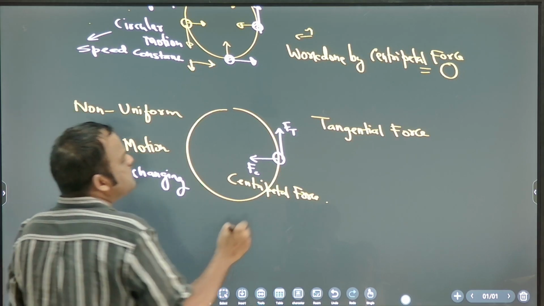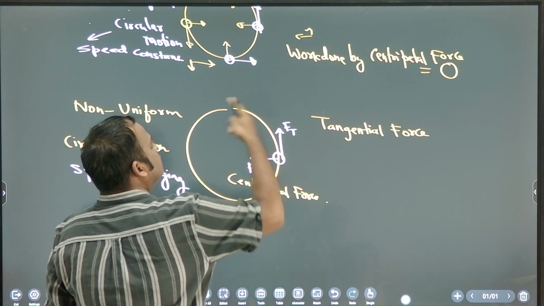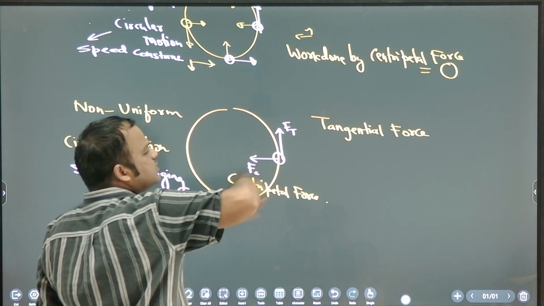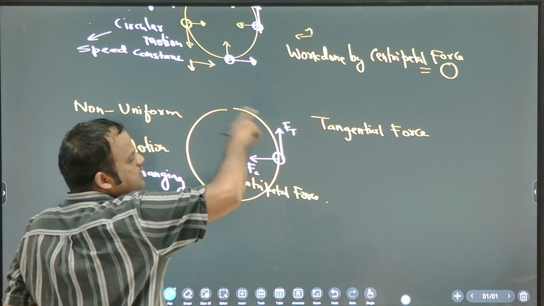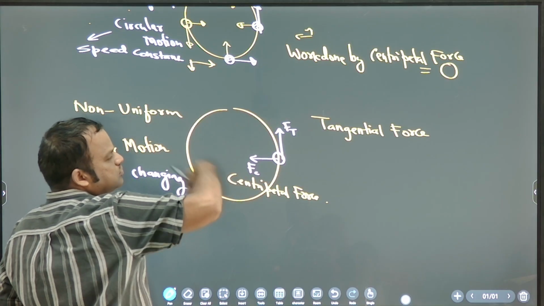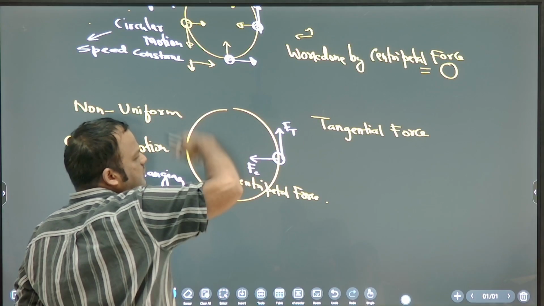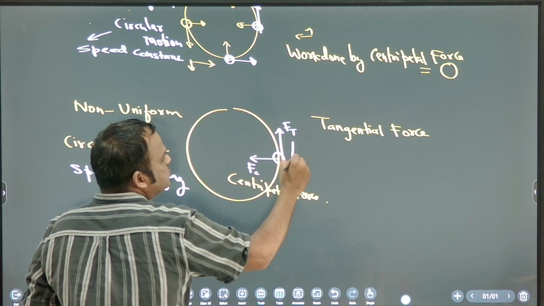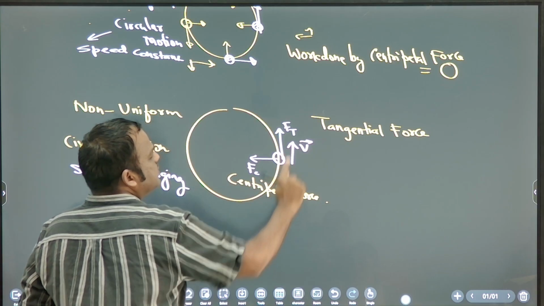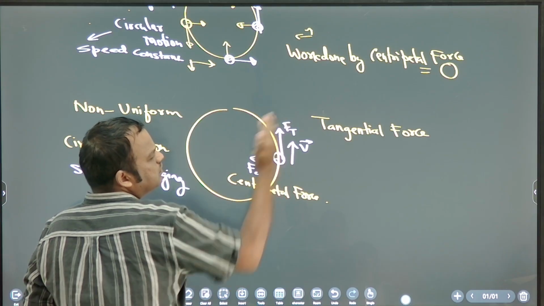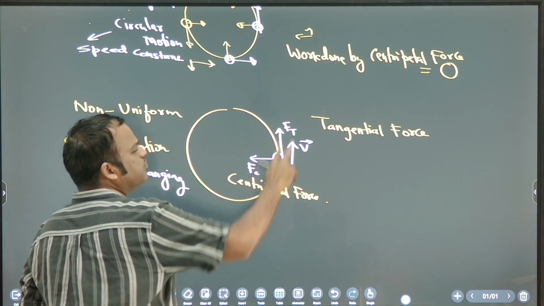So suppose velocity is also anti-clockwise. This is anti-clockwise, this is clockwise. So suppose velocity is also like this. So force and velocity are parallel, same direction.